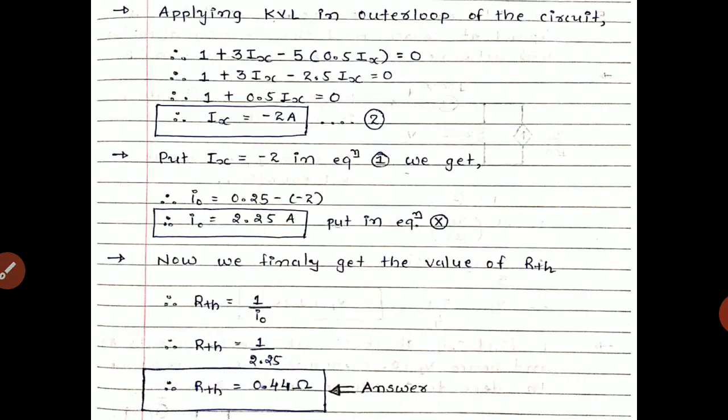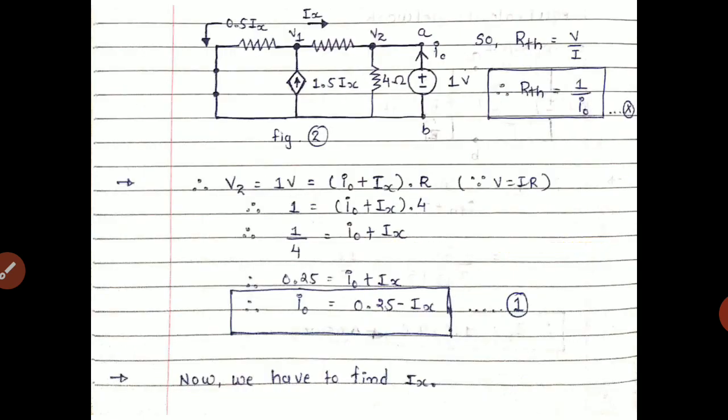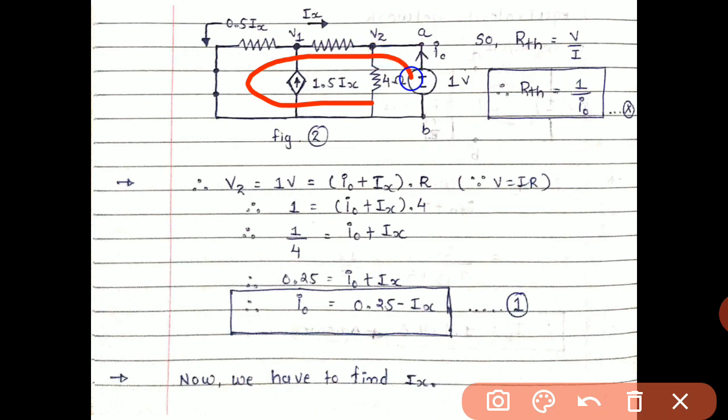For that we have to apply Kirchhoff's voltage law in the outer loop. So what is the outer loop, friends? This is our outer loop, and in this direction we apply Kirchhoff's voltage law.